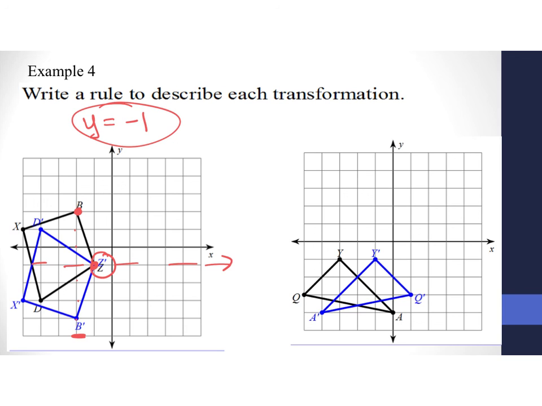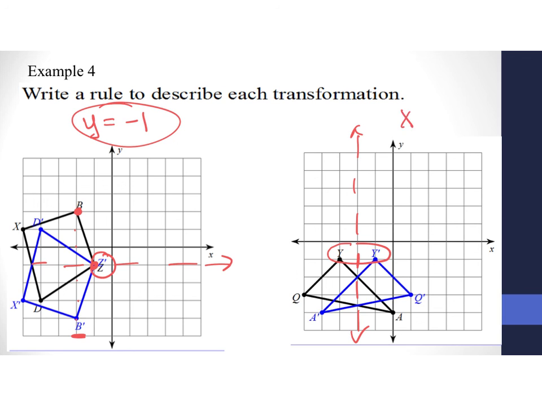Now, when I come over and I look at the second image over here, I do not have any points that are doubling, okay? But what I can do is when I look at my y and my y prime, I see that these two are 2 units apart. So if I split that 2 units apart in half, then I can see that I have something that probably is going to come in right through here.